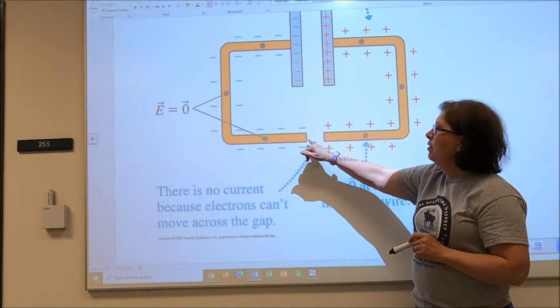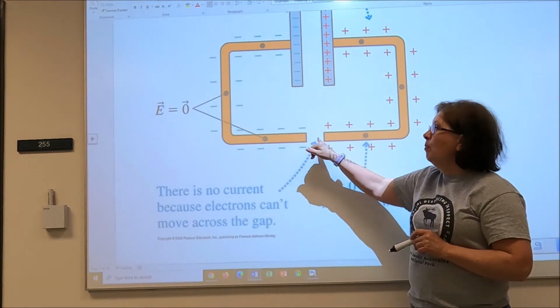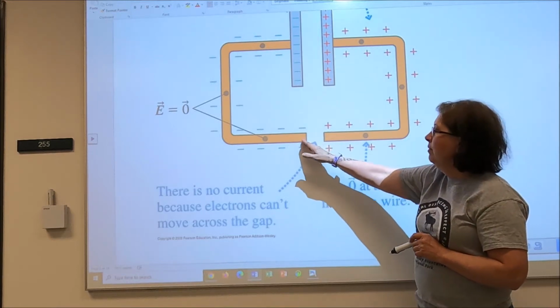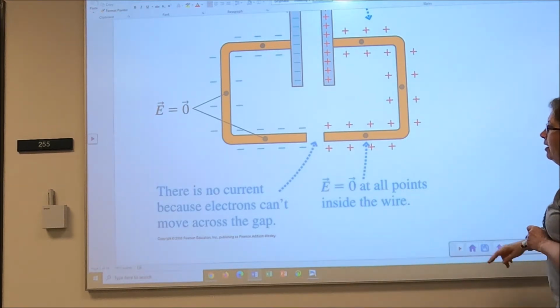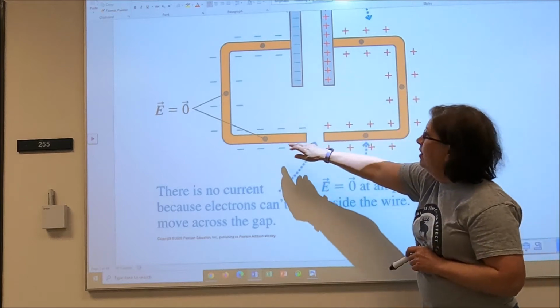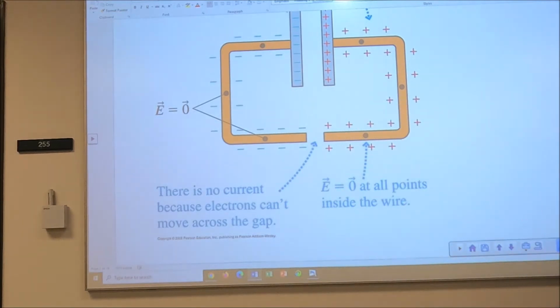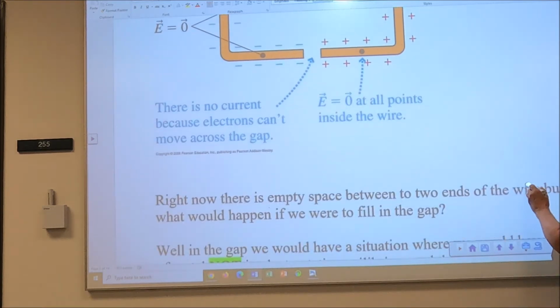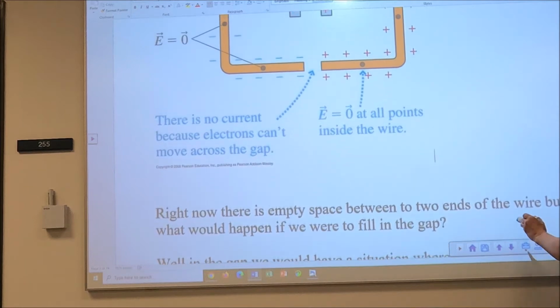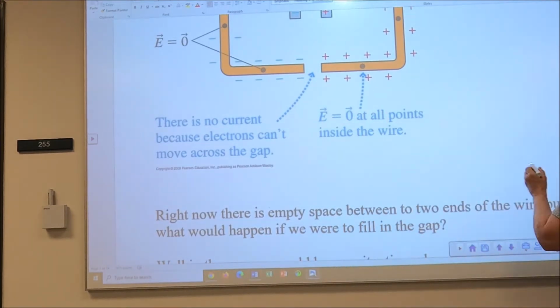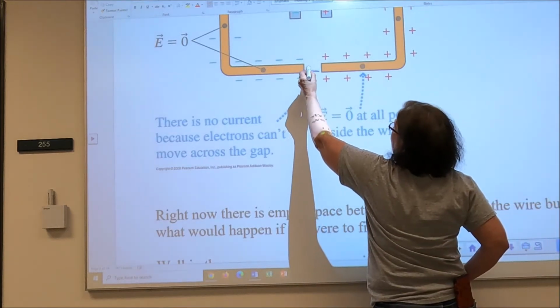There's a gap, so there is an electrical potential in the gap, right? There's charge separation. If I'm at a point here, here, here, here, here, or here, the electrical potential inside the conductor is 0. Now, if we were to fill this empty space, okay, connect it up.